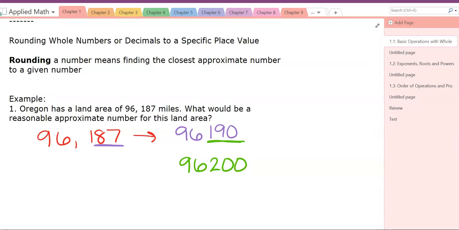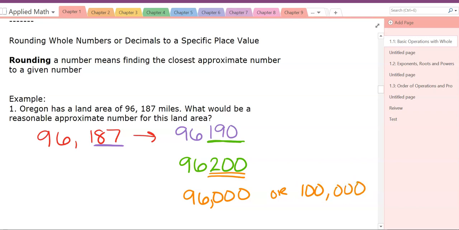Now if I'm wanting to round to like the nearest 1,000, again I look at this 200 and that's 6,200 and I think, is that closer to 7,000 or 6,000? So I would round this to 96,000. Now if they wanted me to keep going, so if they wanted it to the nearest 100,000 or 10,000, 96,000 is really close to 100,000.